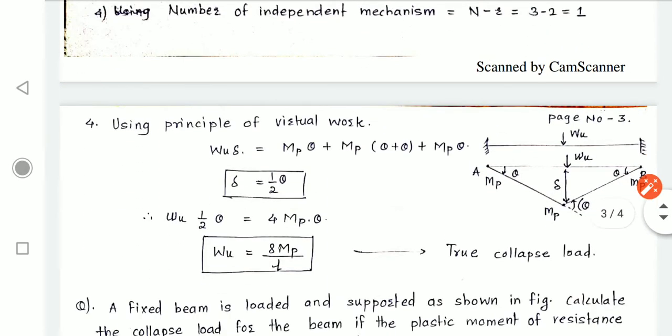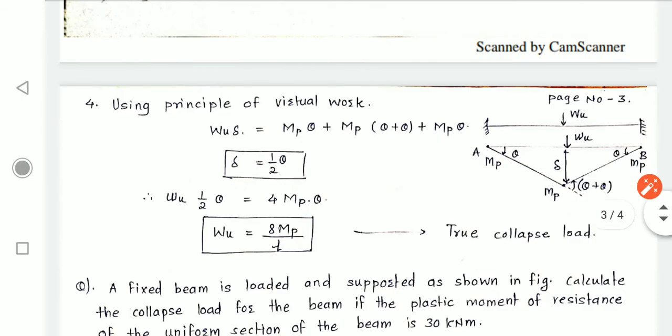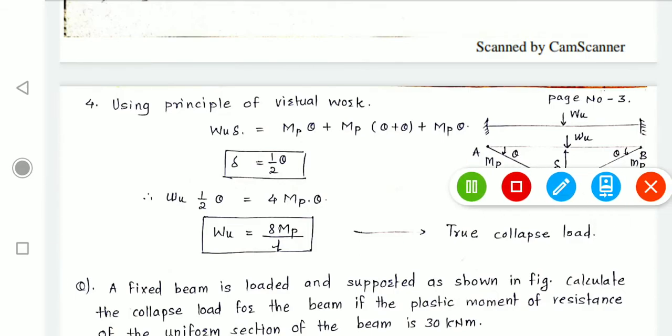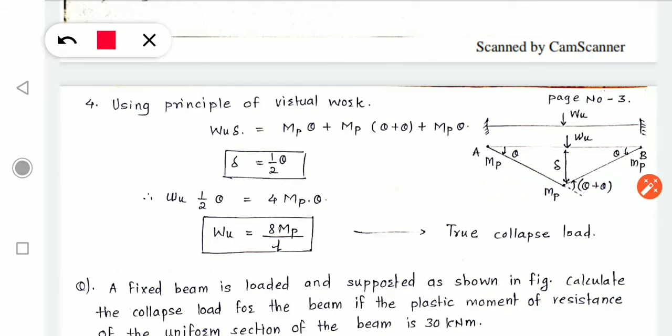Fourth step is using the principle of virtual work. We want to calculate WU, right? Using the principle of virtual work, the diagram shows one hinge at this point, another below the concentrated load, and one at this point. So WU into deflection equals MP into theta, plus MP into theta plus theta.